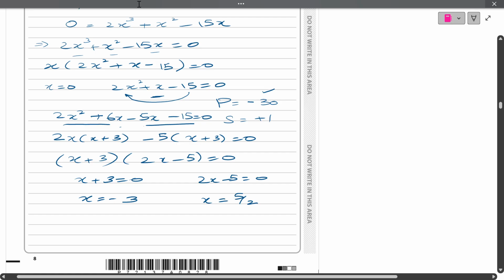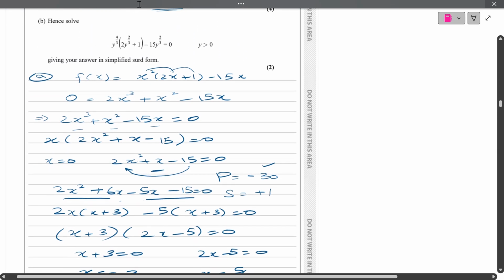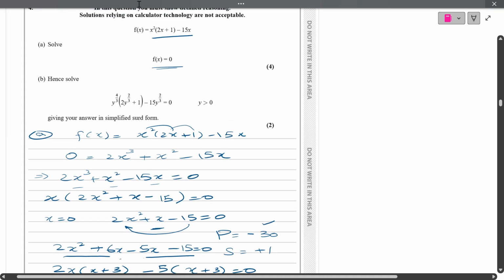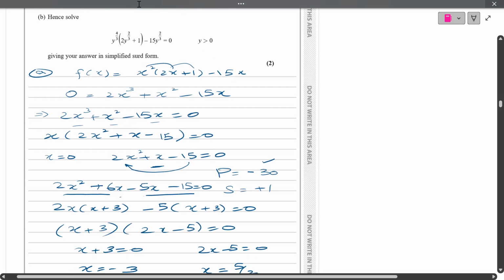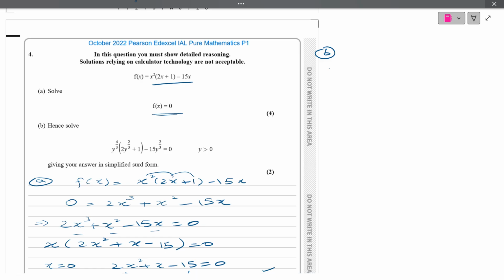Okay, so these are the values for x. In the B part, it says y raised to power 4 over 3 times (2y raised to power 2 over 3 plus 1) minus 15y raised to power 2 over 3.